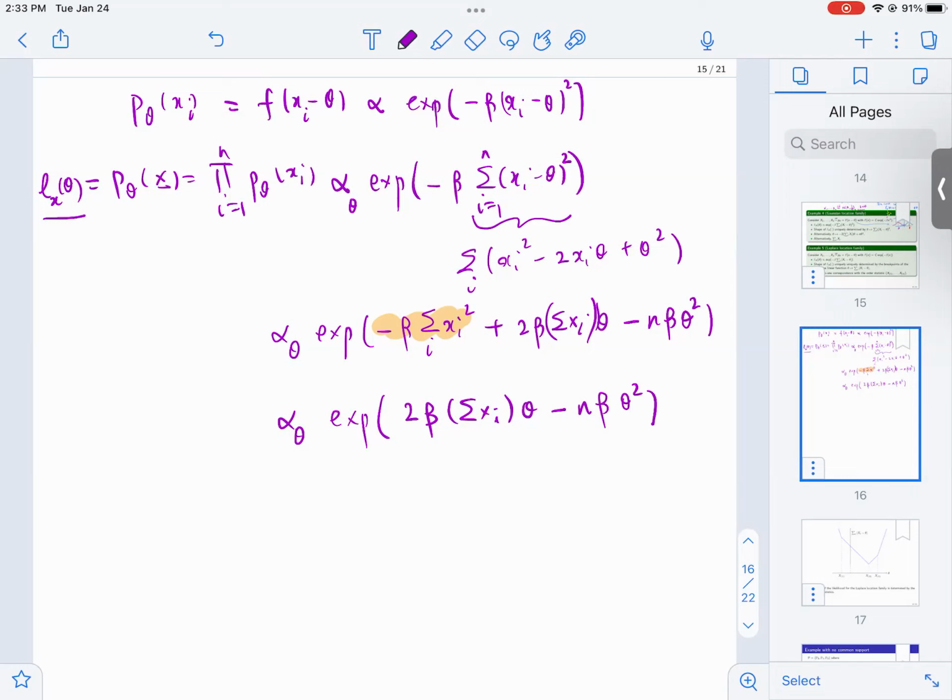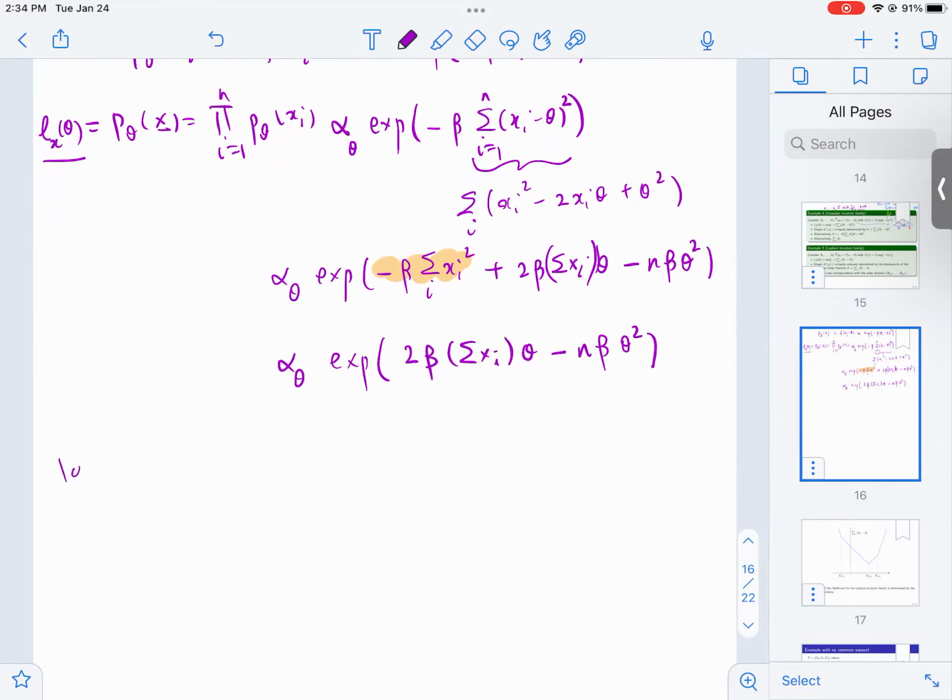Okay, so that's the idea. Here, if you want, I can take the log. It doesn't matter if I take the log, because do I lose information? What the result is saying is that our theory says that theta maps to 2 beta summation xi theta minus n beta theta squared, and this entire function, if you plot it as a function, is minimal sufficient.